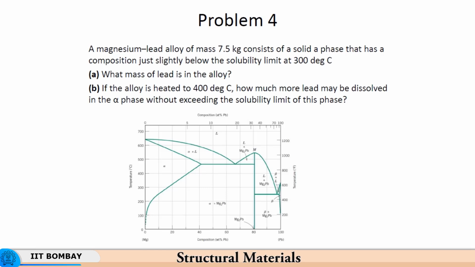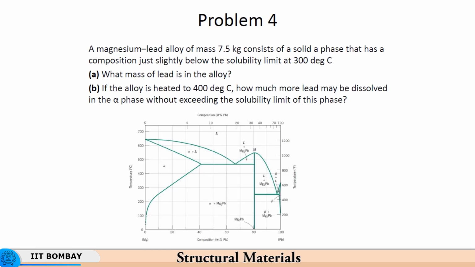temperature reduces. So magnesium is capable of dissolving a good amount of lead, and at a certain chemical composition you have a stoichiometry, Mg2Pb is formed, a compound between magnesium and lead.